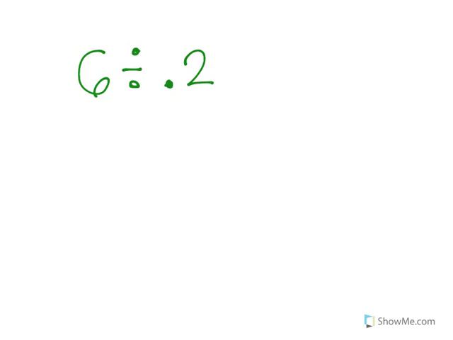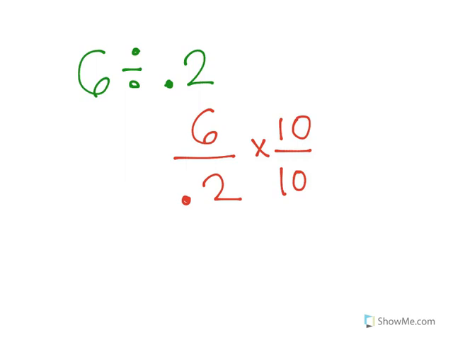So I'm going to start with an equation like this, and this just says 6 divided by 2/10. I'm going to write this as a fraction because we know that fraction bar means divide. 6 divided by 2/10. Since I have tenths, I'm going to multiply both by 10, and I get 60 over, remember to move the decimal 1 to the right when we're multiplying.